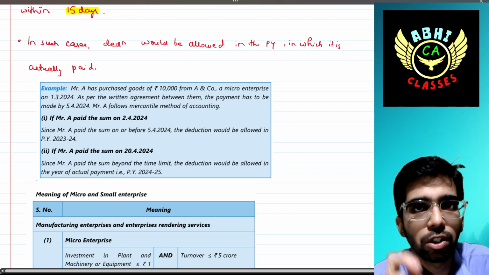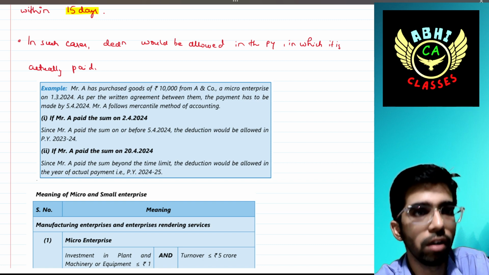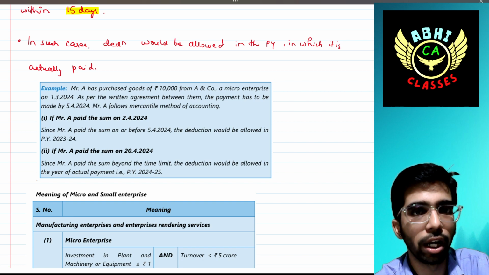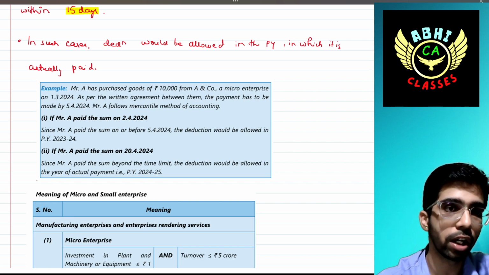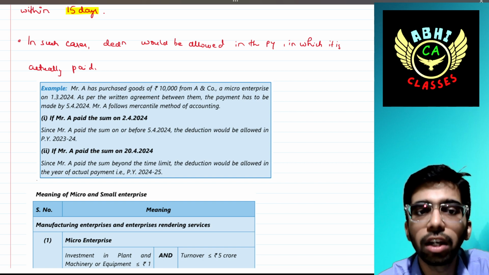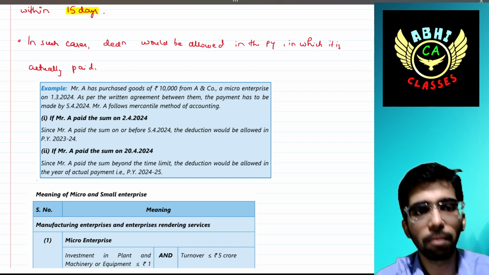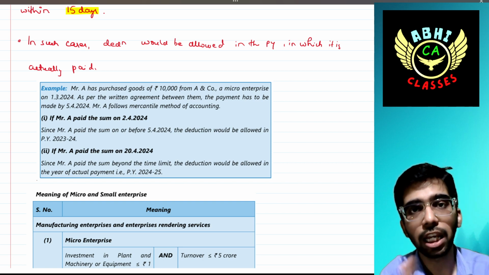Mr. A has purchased goods of 10,000 from A and Co., an MSME organization, on 1st March 2024 as per a written agreement between them. The payment needs to be made by 5th April 2024, that is in the previous year 24-25. Mr. A follows the mercantile method of accounting. In the first case, Mr. A paid the sum on 2nd April 2024, within the agreement period.